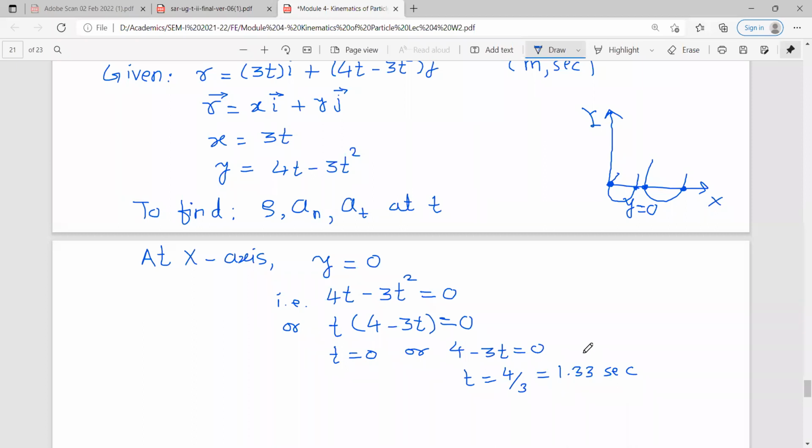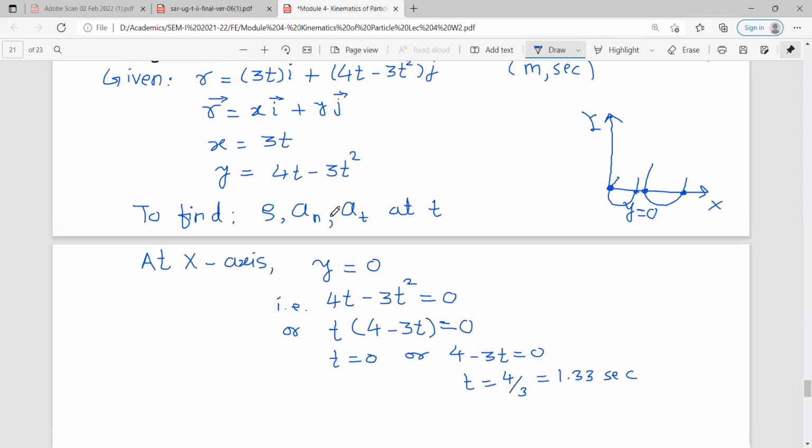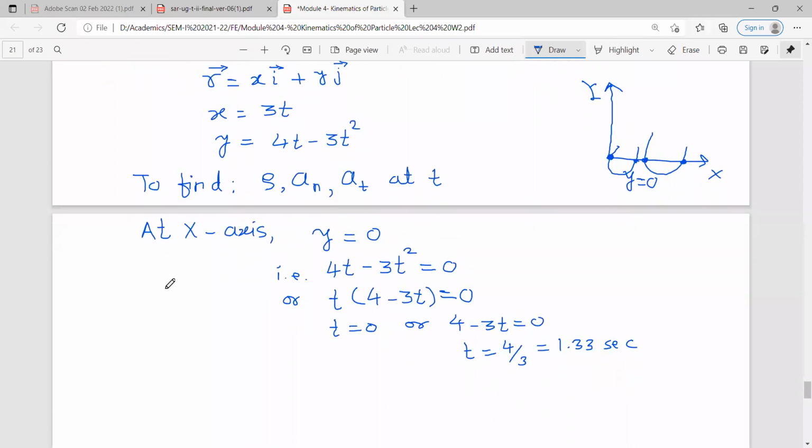Got it? Yes, sir. Okay, so now the rest is simple. Now from here you find out the radius of curvature. What is the formula of radius of curvature?